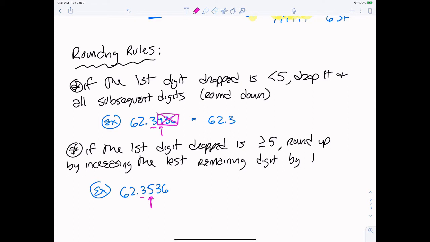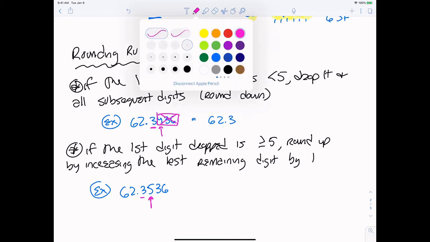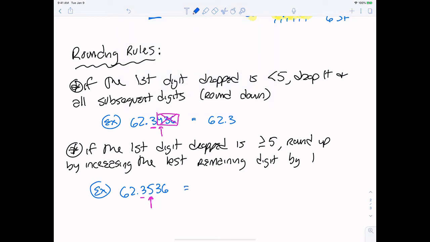Because that's greater than or equal to 5, I'm going to increase the 3, my last remaining digit, by 1, so that 3 becomes a 4. So this number rounded to 3 significant digits is going to be 62.4.